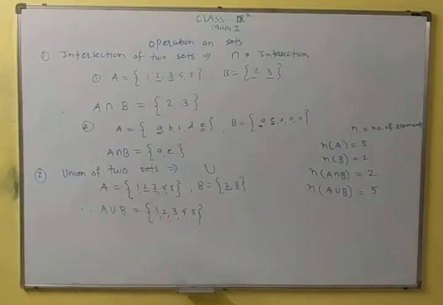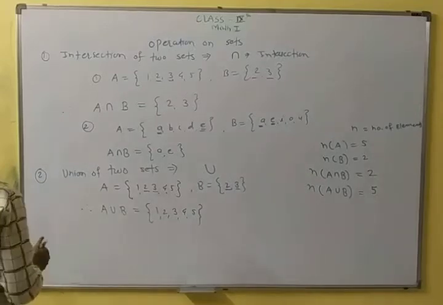Third point is disjoint sets, meaning different sets. No elements are common in both the sets.